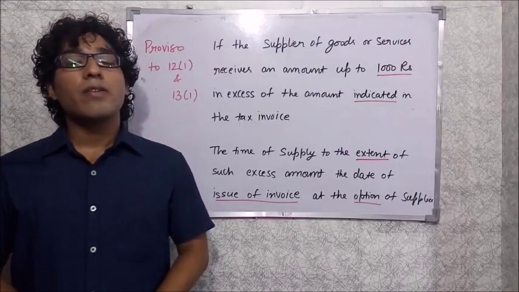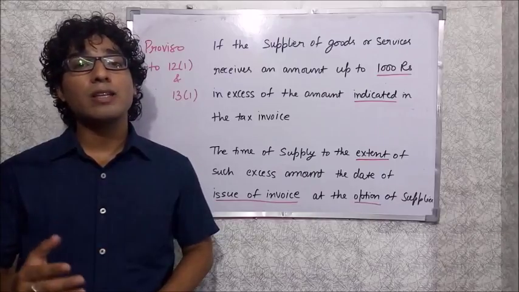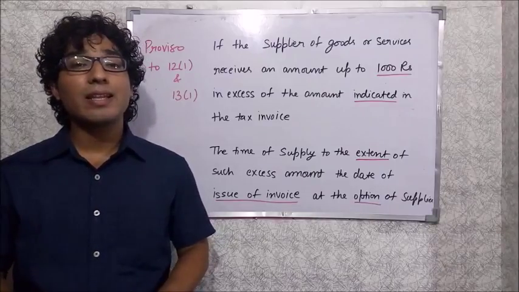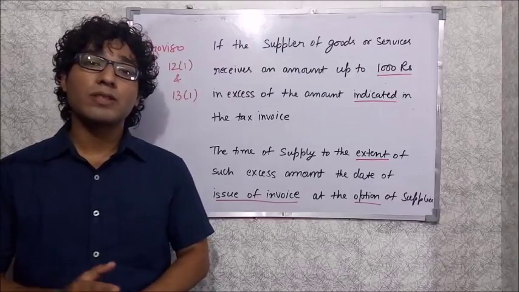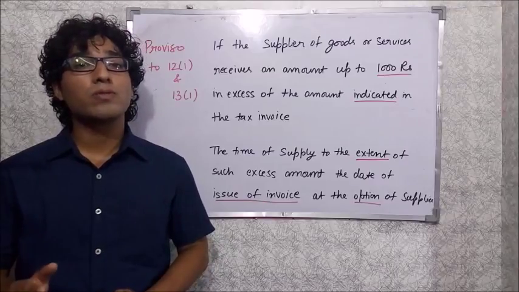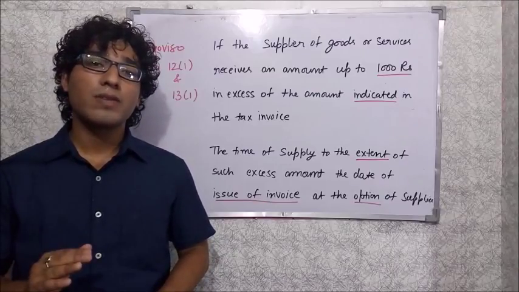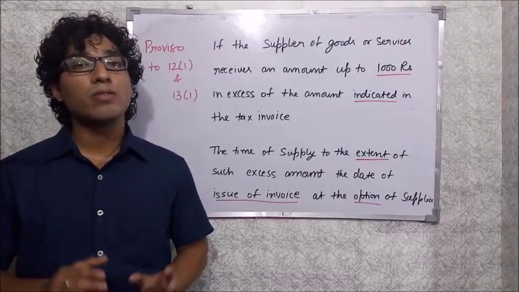Now the question is whether the 500 rupees, which is the excess over the invoice, will be treated differently than the normal provision. The normal provision is that in case of supply of goods, the time of supply will be the earlier of two events: first, when you issue the invoice, and second, when you receive the payment.